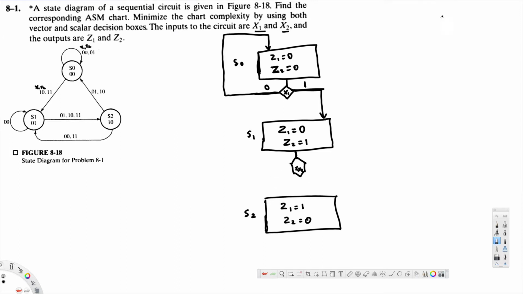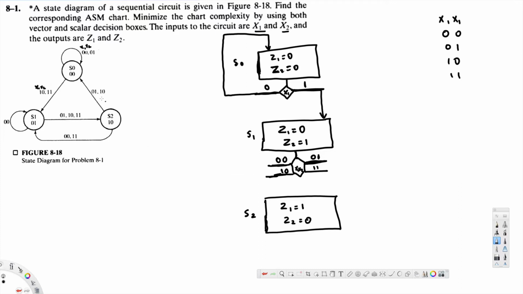Since we have 2 inputs, 2 to the power of 2, we have 4 outputs: 0 0, 0 1, 1 0, 1 1. So we have to put them in the vector box.